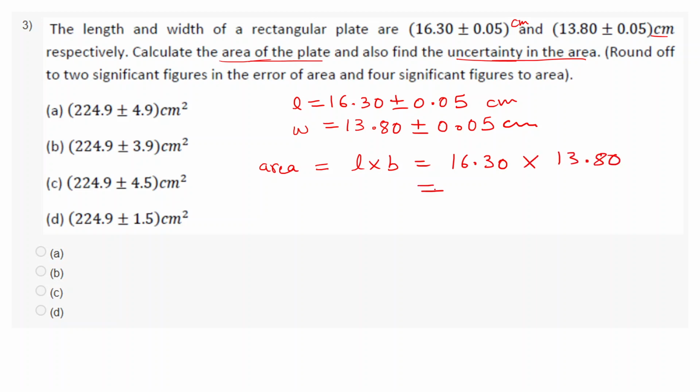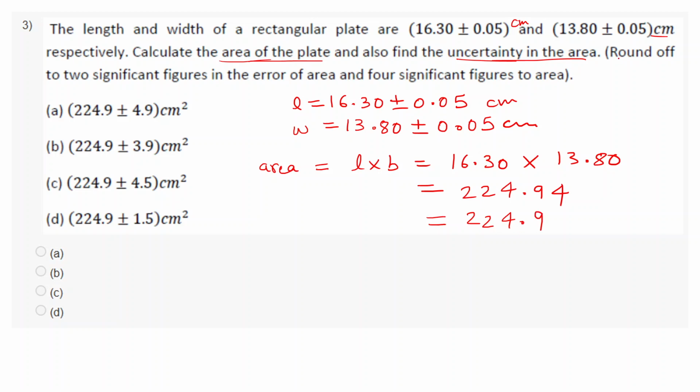What will this give is 16.30 times 13.80. The value I am getting is 224.94. And here four significant figures, here also four significant figures, so this should also be four significant figures. So I'll round it off and it will become 224.9, right? Here there are four significant figures.